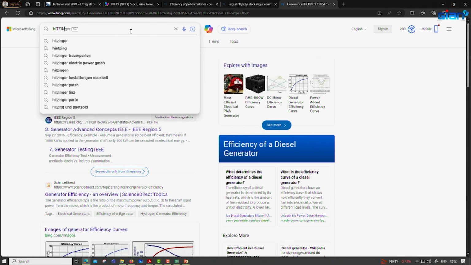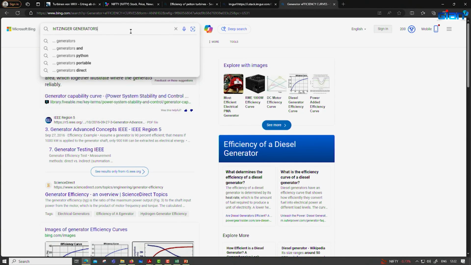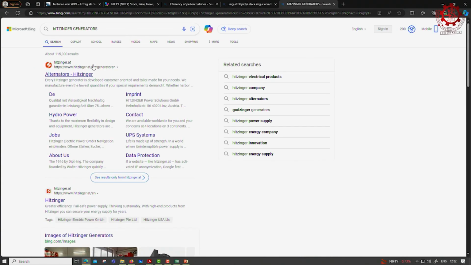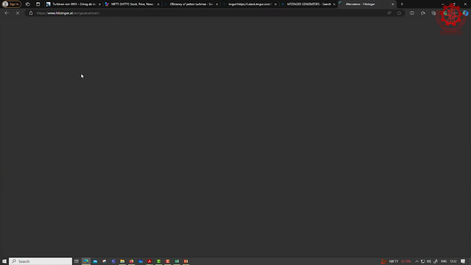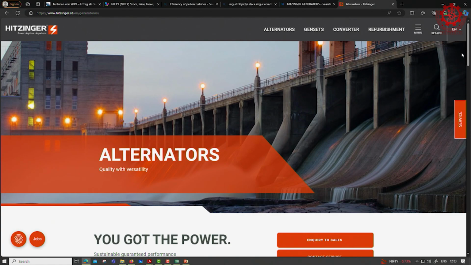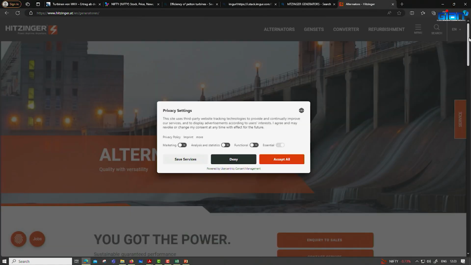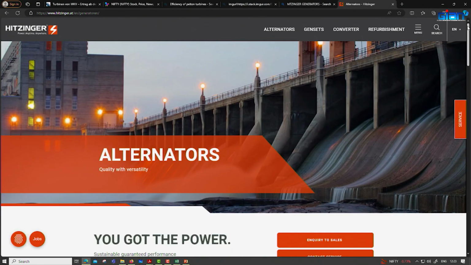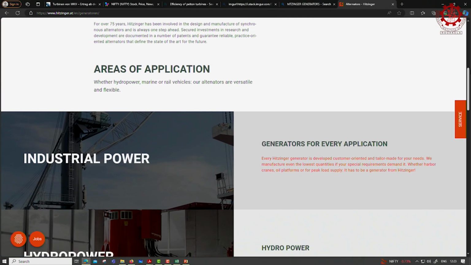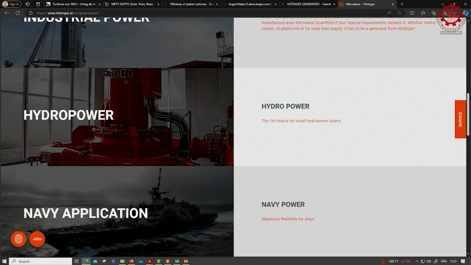Hitzinger is a good manufacturer. Alternator Hitzinger, that is a good manufacturer. We bought our projects from this manufacturer. You can see it is the first choice for small high power plants, small hydros.